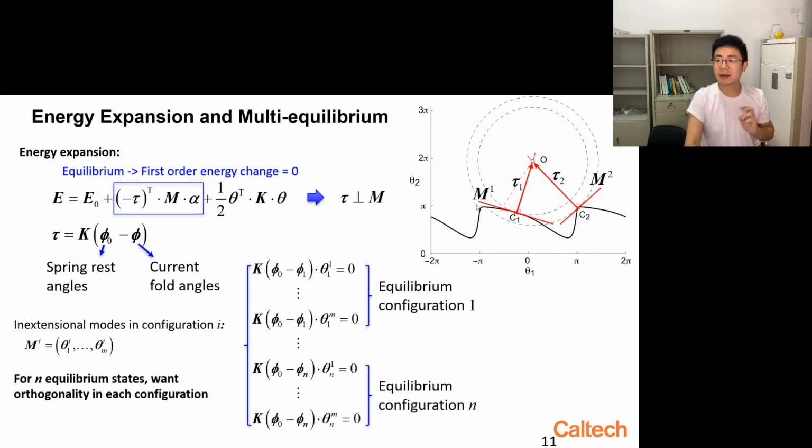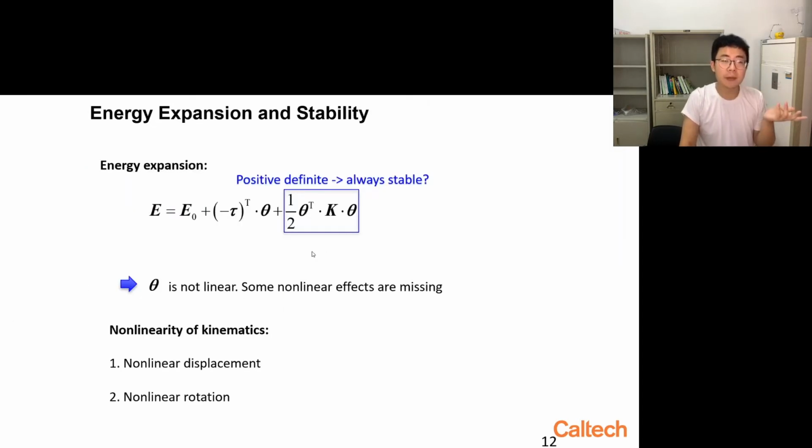It's basically saying we take the tangent, and then the rest angle should be in the normal direction of that tangent, or in the orthogonal space actually. So that's one, and then another part is about stability. It took me quite a while to get the stability right, because it's sort of complicated.